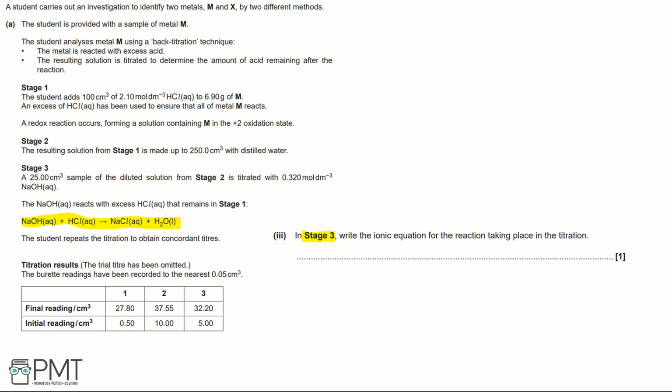So this reaction is a neutralization reaction, where you're turning a base and an acid into something neutral, like water and your salt. The ionic equation for a neutralization reaction is your acid, H+, plus your base, OH-, producing water, H2O. To get the mark for this question, you need to write this ionic equation out completely, as I've written it here.